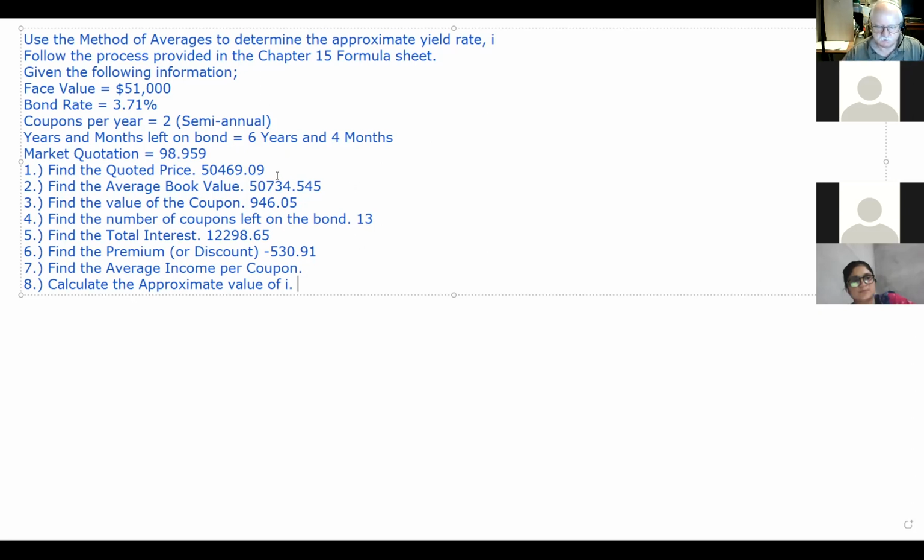So find the quoted price, multiply the market quote by the face value, which you managed quite fine. So the market quote here is 98.959, and the face value of this thing is 51,000. So what did we do?